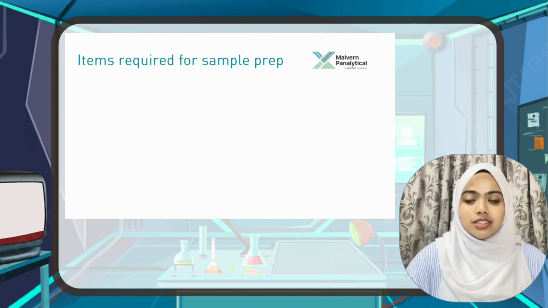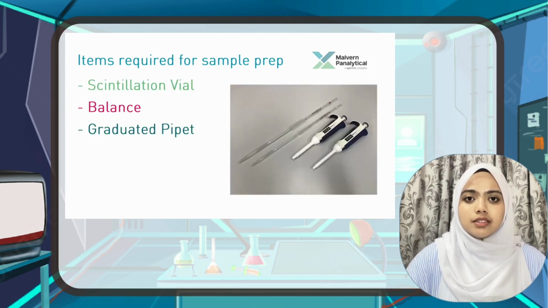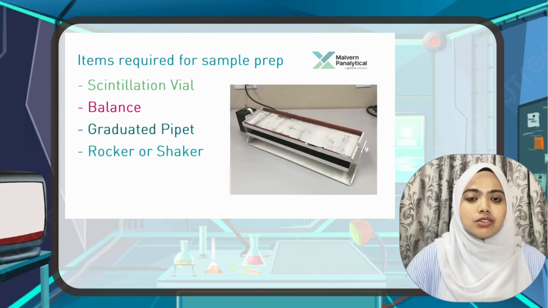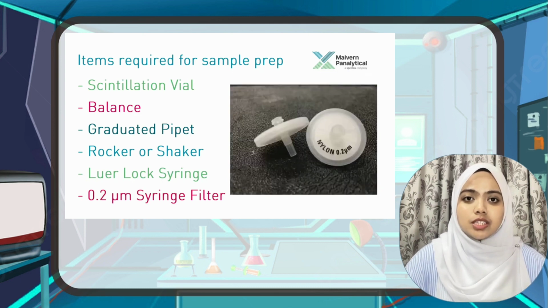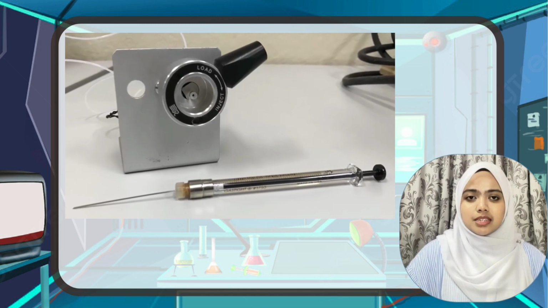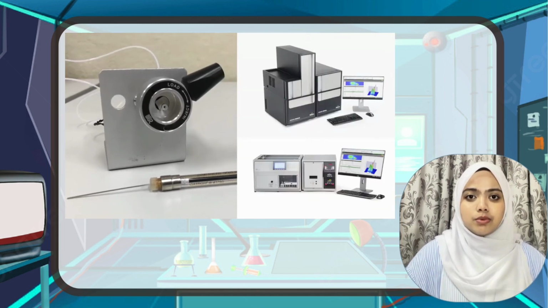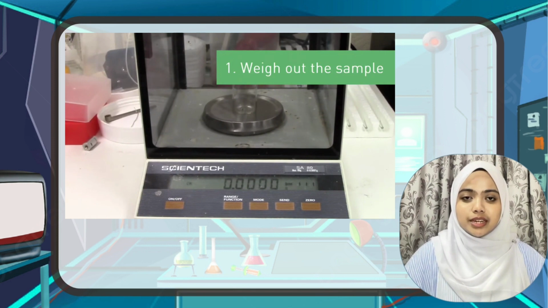A standard list of supplies for sample preparation includes a scintillation vial, a balance, a method of dispensing a known volume of dissolution solvent, a way to introduce gentle agitation to facilitate dissolution, a luer lock syringe, and a syringe filter. The preparation method described here is applicable to both manual injector and autosampler systems. This demonstration will place the final sample solution into an autosampler vial.